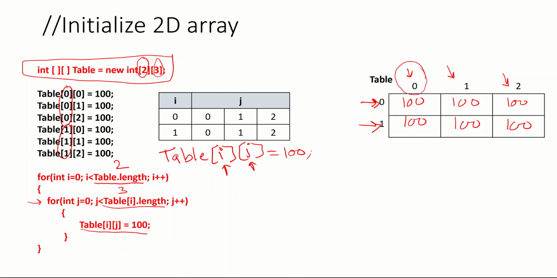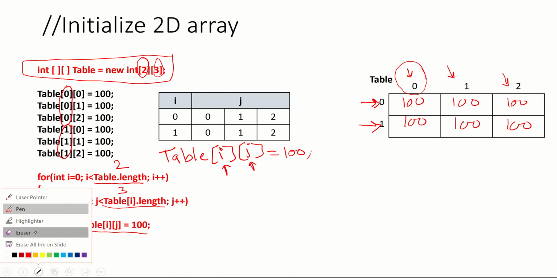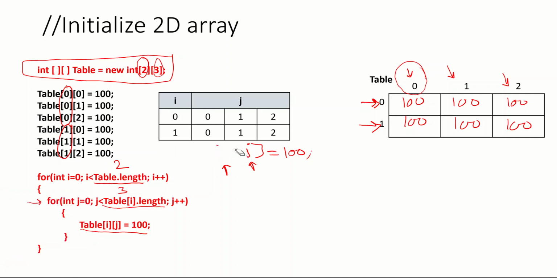So let's do a tracing, and let's find the elements once we go with i and j, and then we can have the initialization of our two-dimensional array. So we will start with the following.